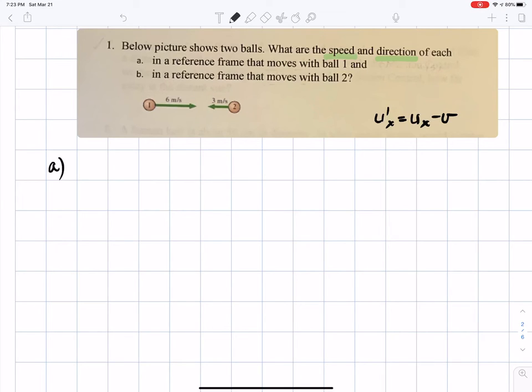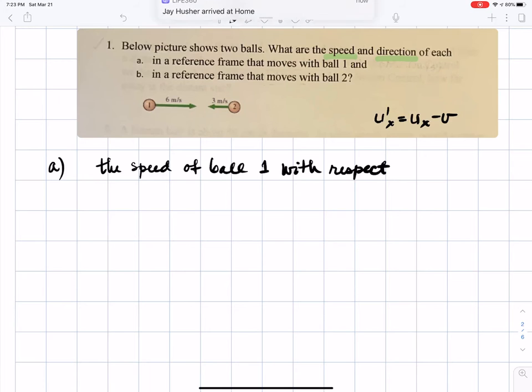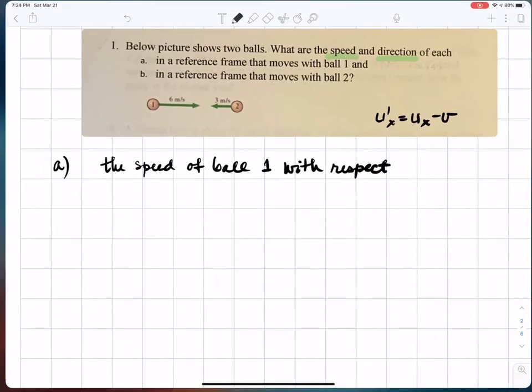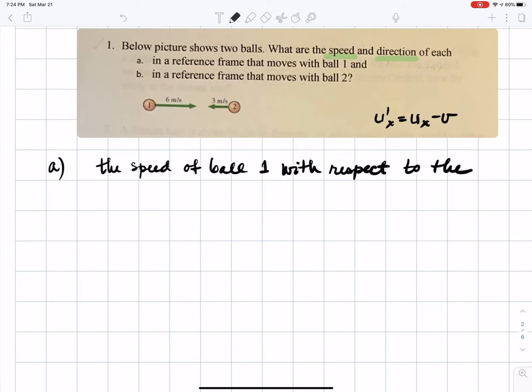So the speed of ball 1 with respect to the reference frame that moves with itself, with ball 1.